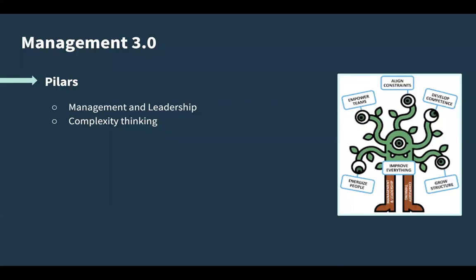And complexity thinking. So basically, it tells us that we can't actually control a complex system, but we have ways to influence or guide the system.